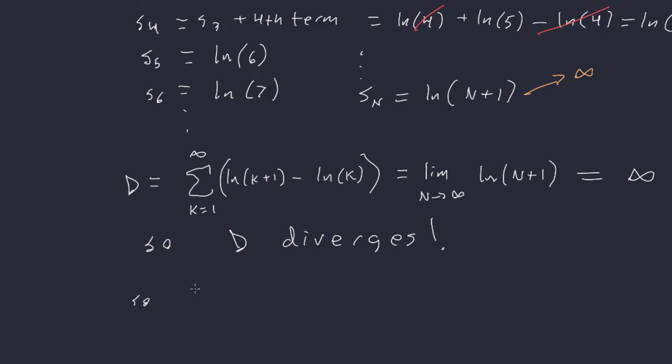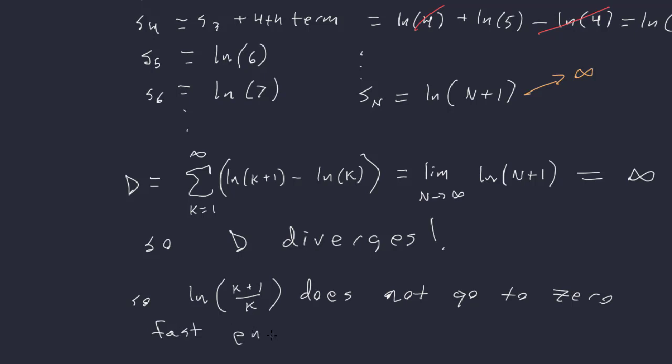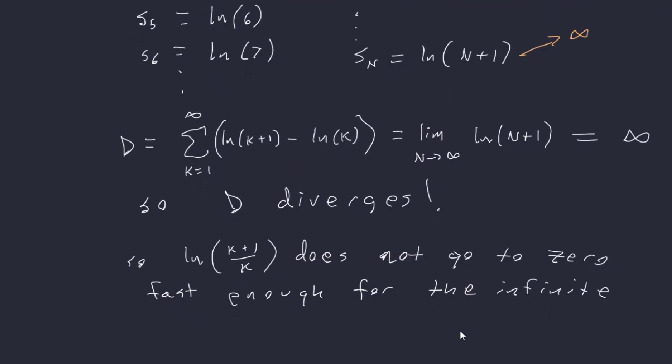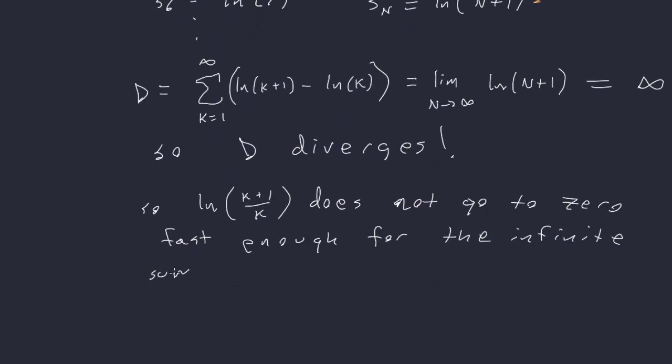The natural log of (k plus 1) over k does not go to 0 fast enough for the infinite sum to converge.